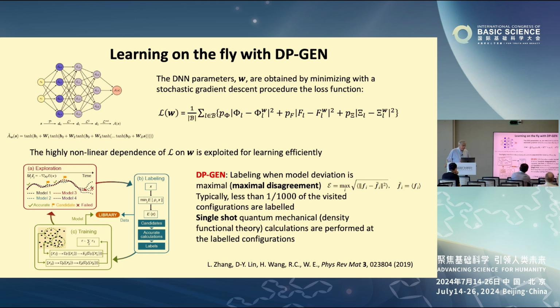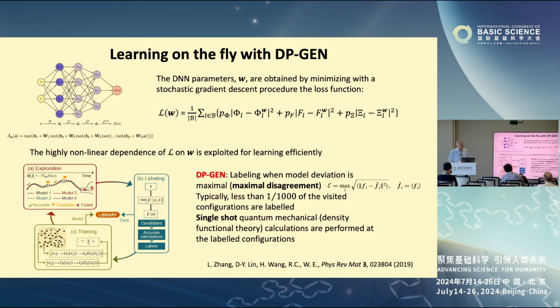And when the representative members of the ensemble are in agreement, that's okay. It means that the potential that we have at that point describes well that situation. But when there is disagreement between the predictions by the different members of the ensemble, that is the point when we have to acquire new quantum mechanical data.